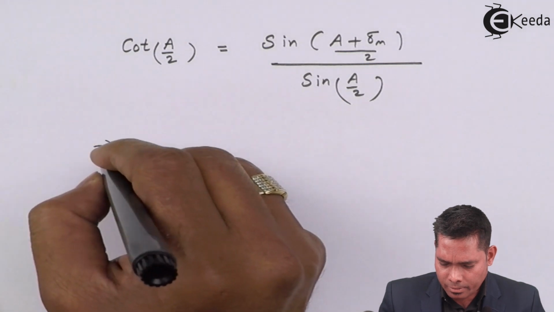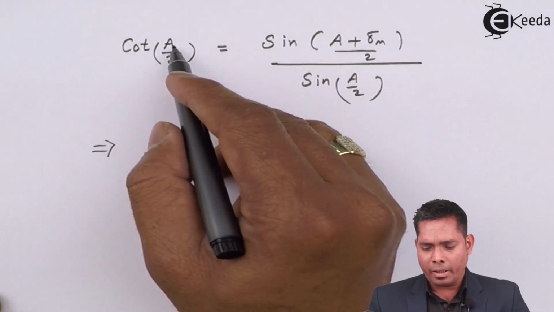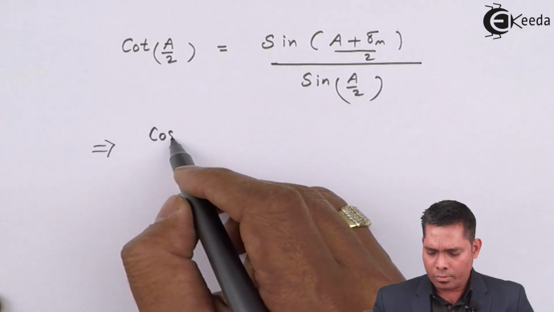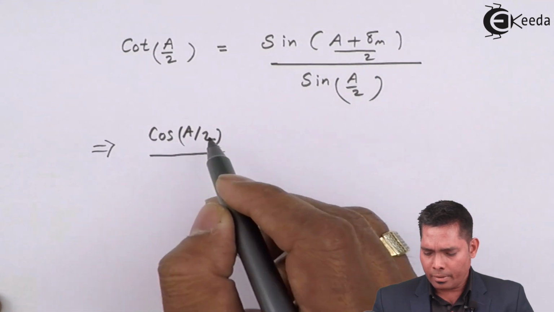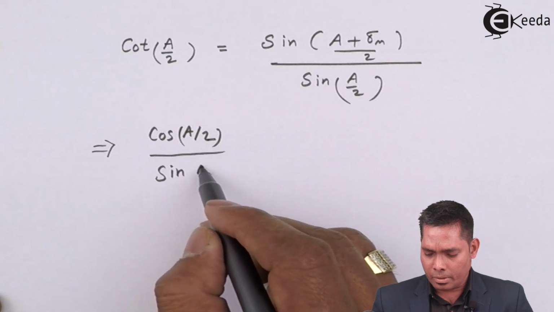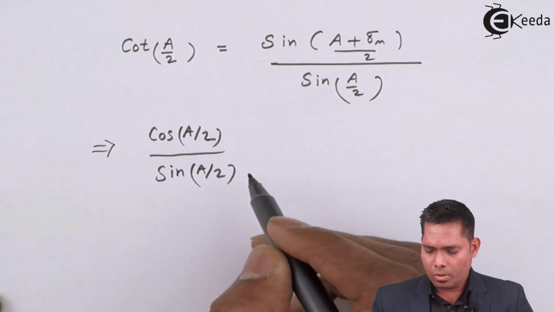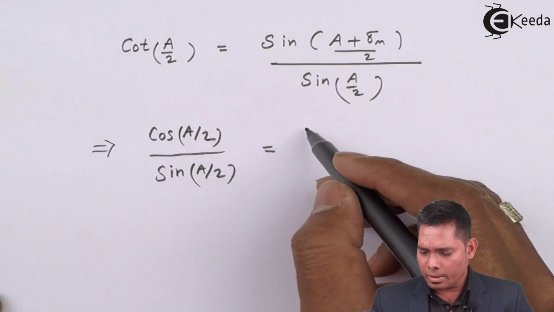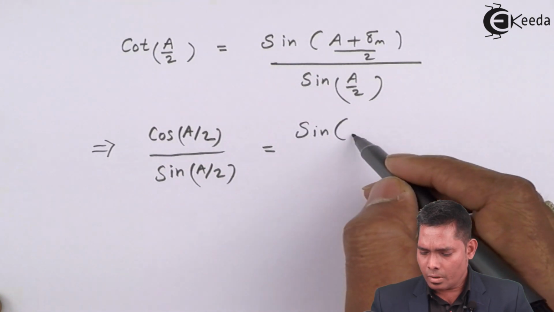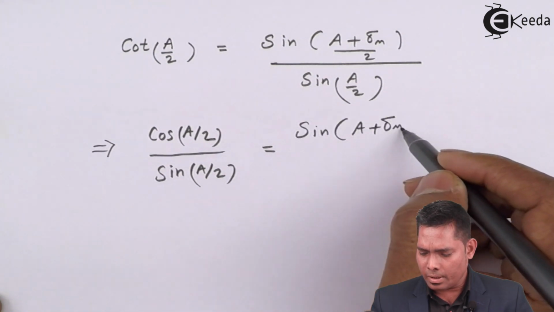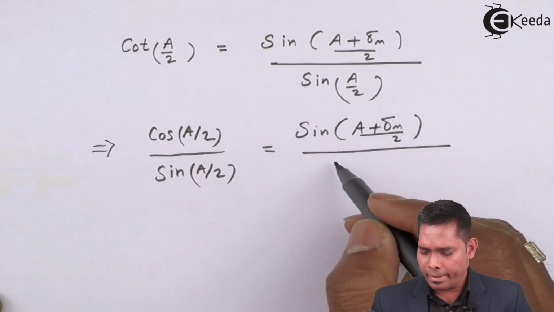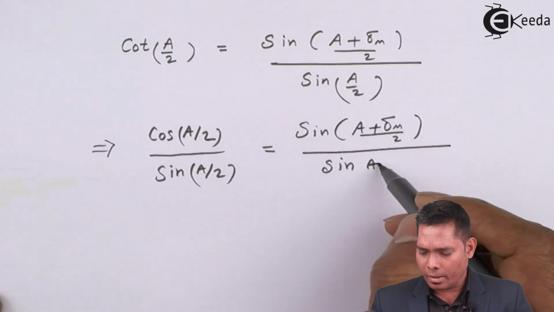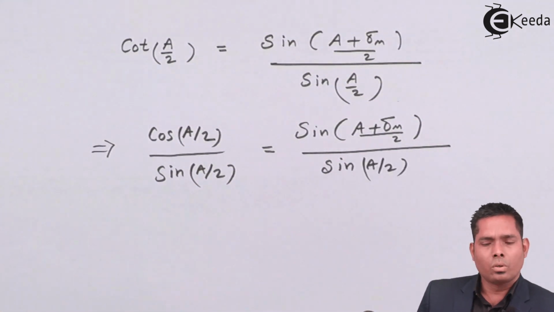This implies that cot A by 2 is cos of A by 2 divided by sine of A by 2, which is equal to sine of A plus delta m divided by 2, whole divided by sine of A by 2.